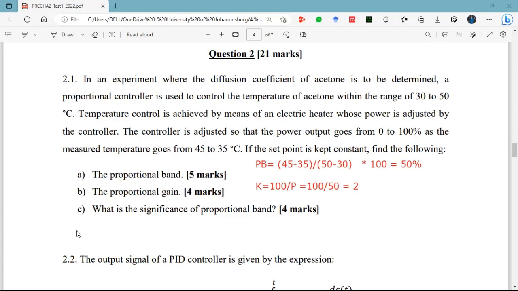Okay, as I was saying, there was another question raised here by some people: what is the significance of the proportional band? In class, after class, for those who stayed behind while I was consulting, we looked at what the aim of the proportional band is.